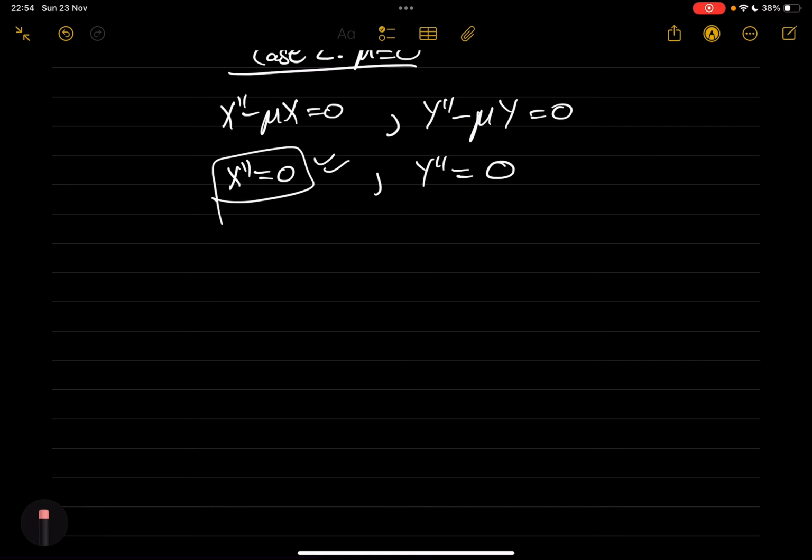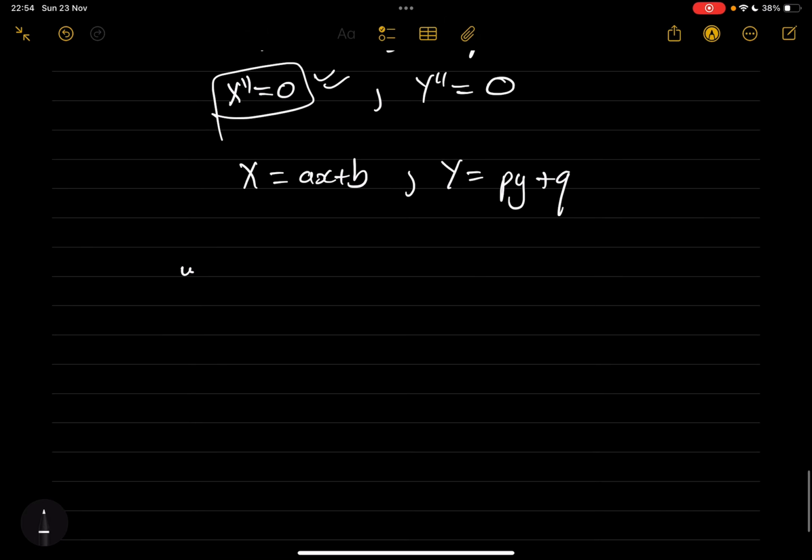So now we can say x is equal to ax plus b, because if we differentiate this twice, we are going to get this. And here the same thing, y can be equal to py plus q.